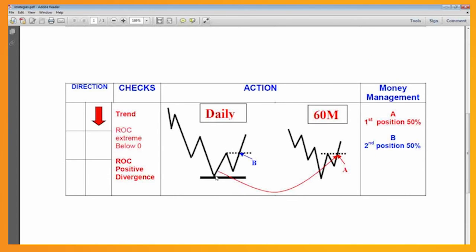If you have the ROC at the extremes below zero and with positive divergences, I mean the ROC cannot follow this downtrend, and you see the ROC going to the extremes, wait on the 60 minutes for the failure swing to go up, take the 50% position here, and then add more when you have the failure swing on your time frame. This is a way that I believe is safer for you, and I've been using this methodology for at least the last 15 years.